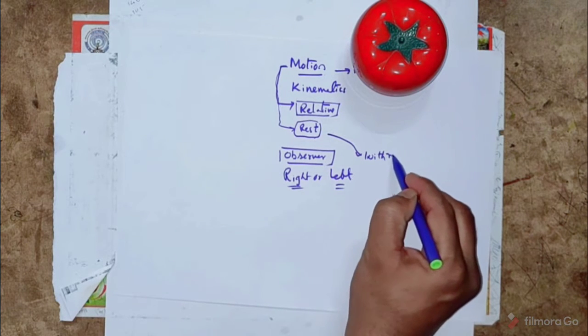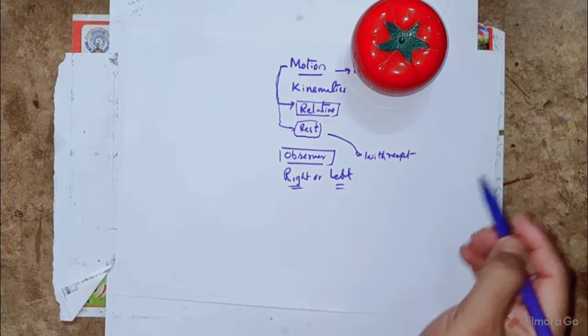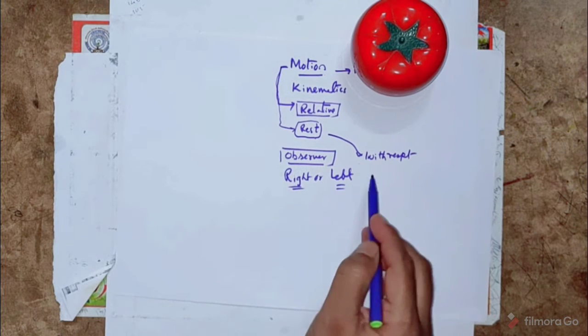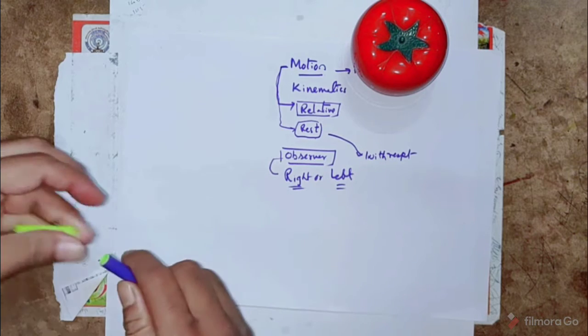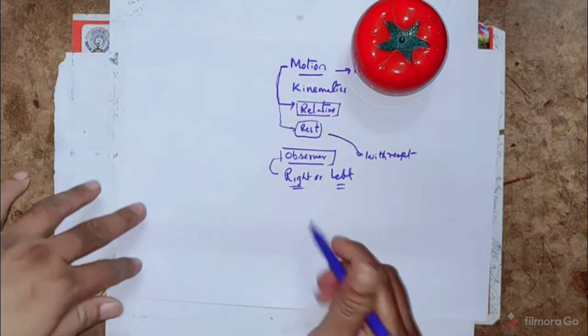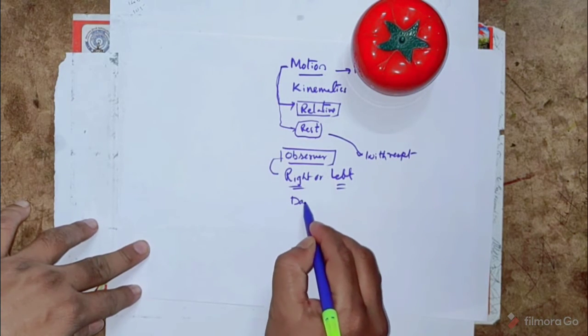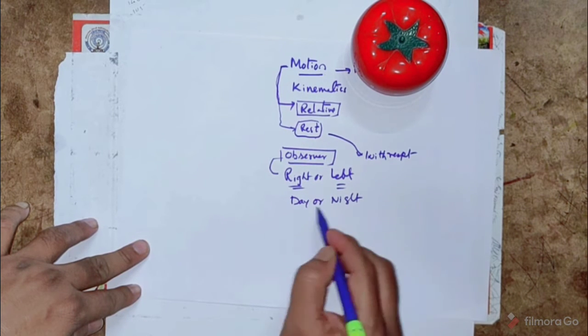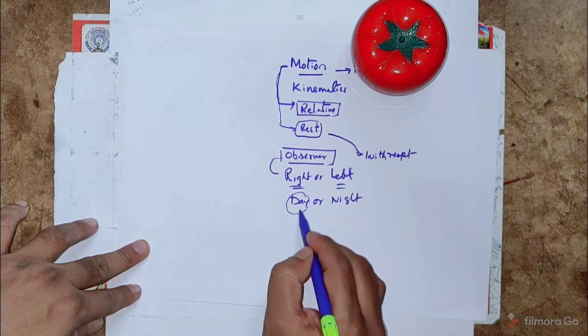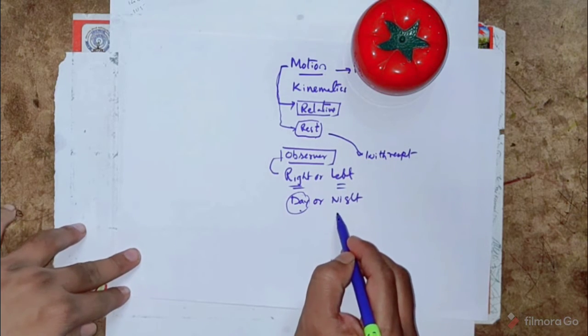Right or left also depends upon the observer position. Even day or night depends on it. For example, if it is day for us, it is night for America.